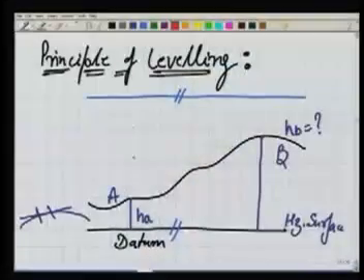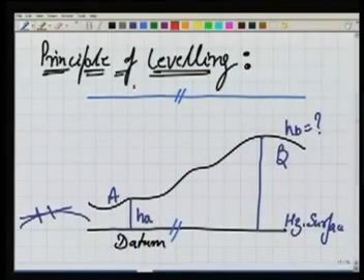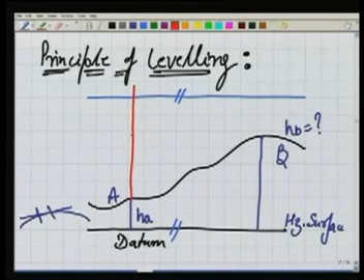If I can establish a line which is parallel to my datum, as well as if I can now also determine somehow how much is the value of this A dash and B dash.